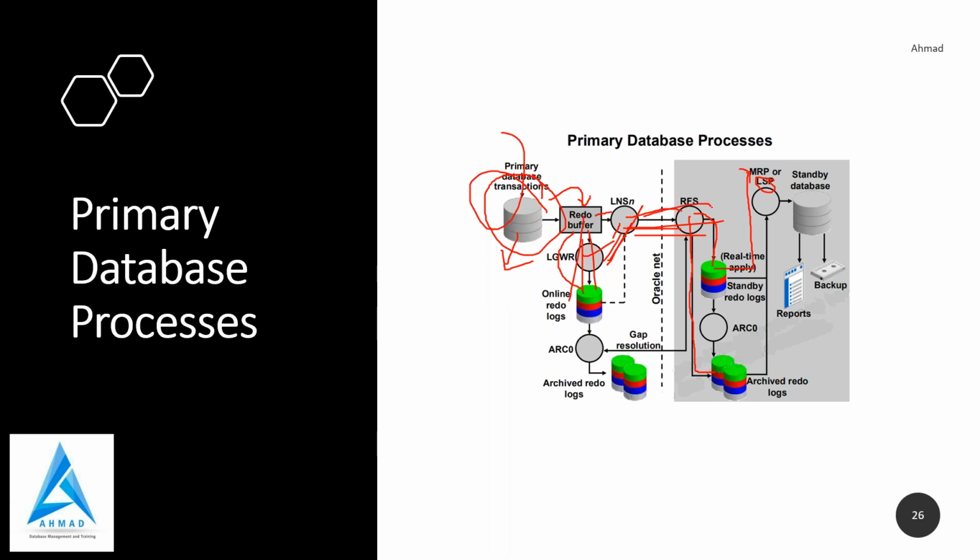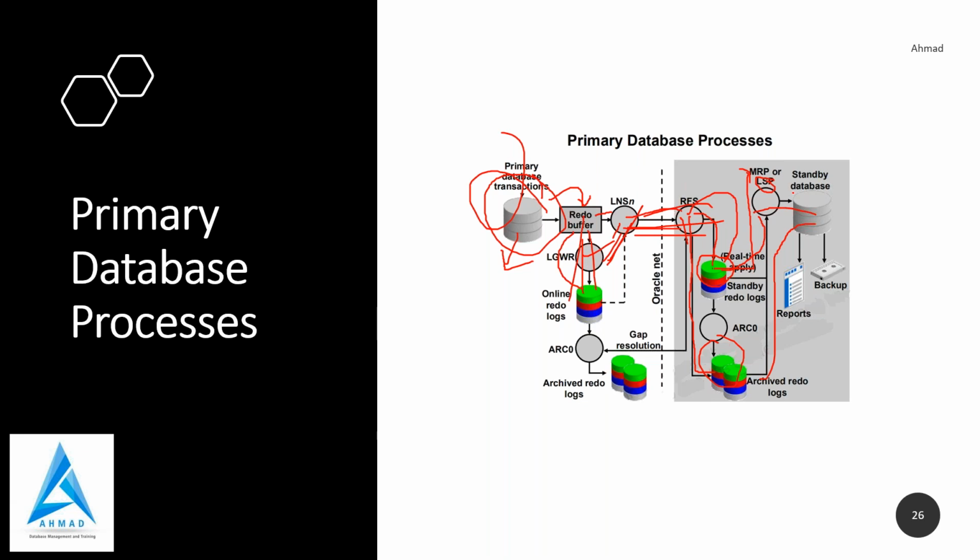And again, the same RFS will take the data, and either it will apply it to the redo, or otherwise it will store it in the archive log file, and then apply it to the standby. If real time is enabled, then it will store it in the standby redo log file, which is another redo, and then from there the MRP process will take it and apply it.